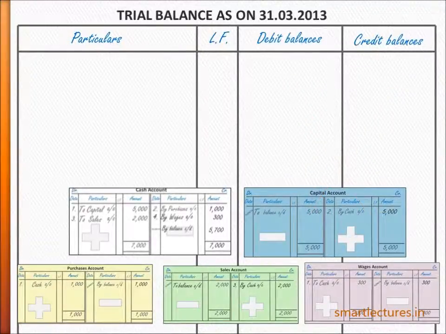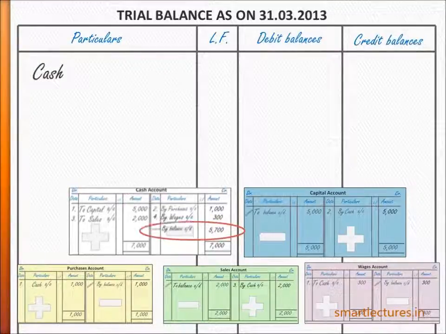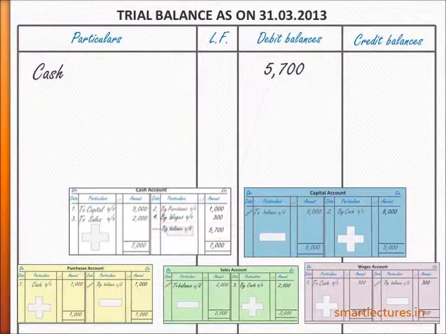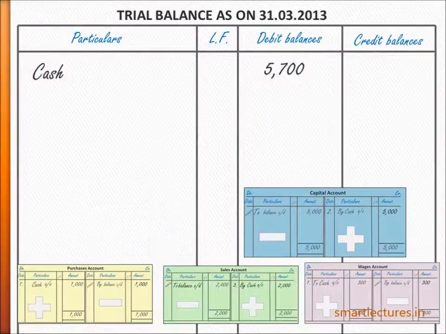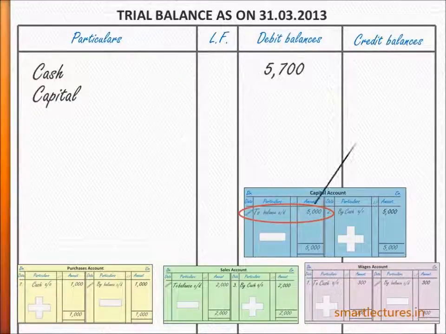So first of all, cash account. "By balance c/d" 5,700 on the credit side. So come to the debit side: cash 5,700. Then capital account, "To balance c/d" 5,000. So take this 5,000 and move to the trial balance on the credit side and write down capital 5,000.